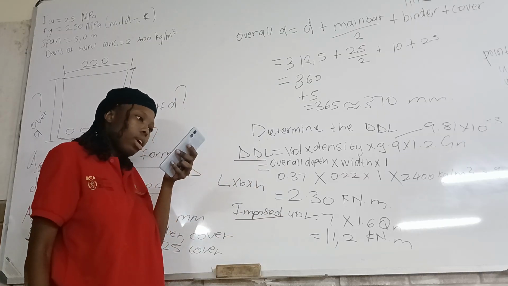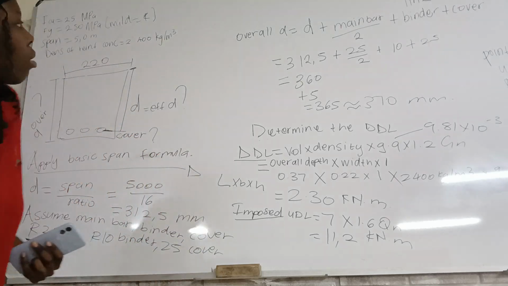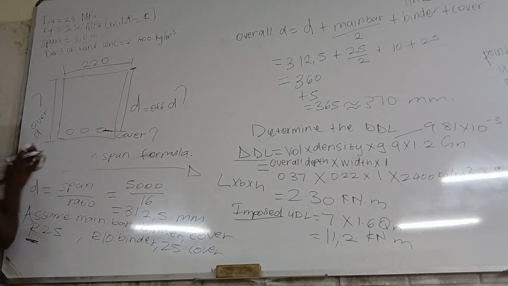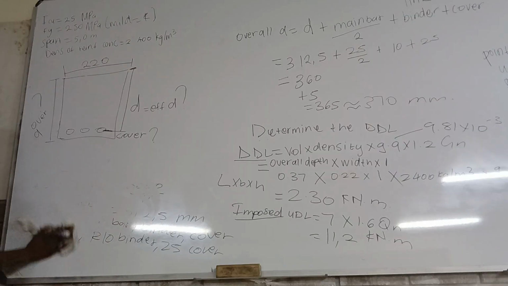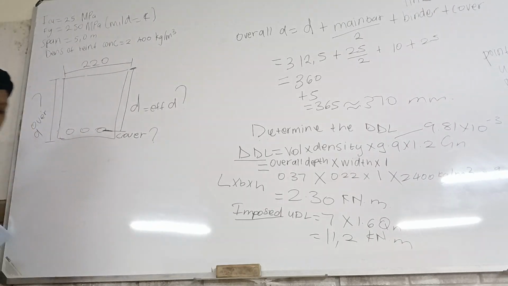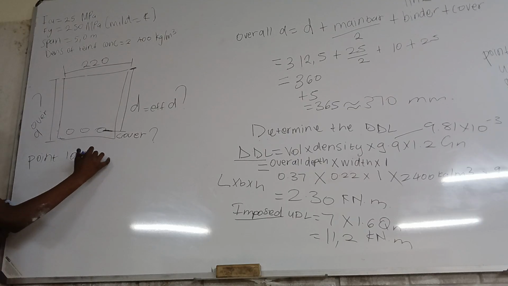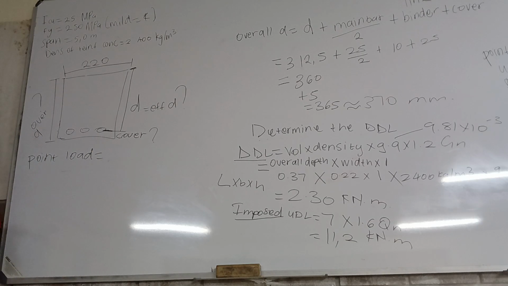They also gave us the point load, so now we need to calculate the design imposed point load. The formula is 1.6 QN multiplied by the point load.